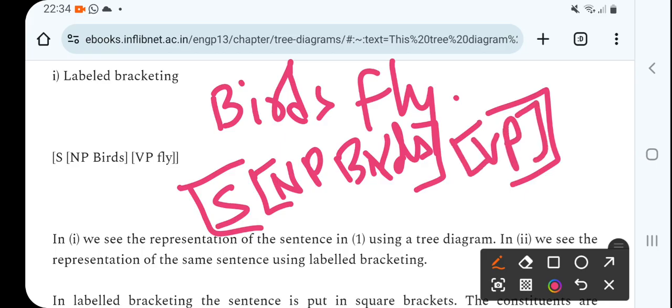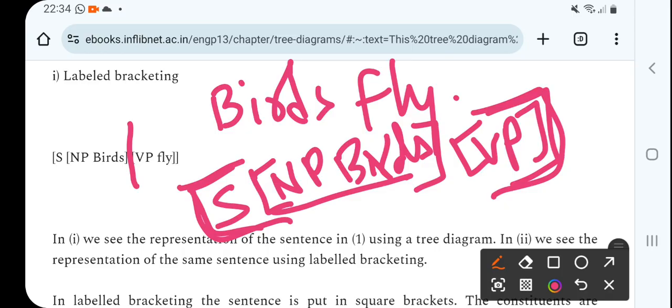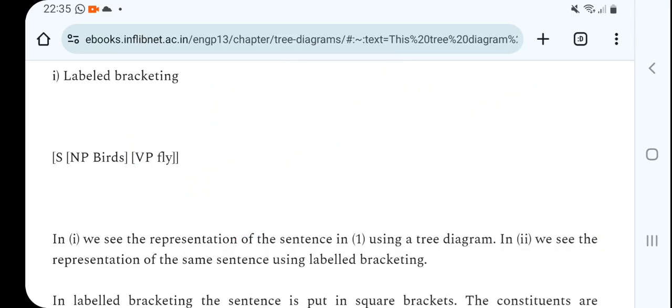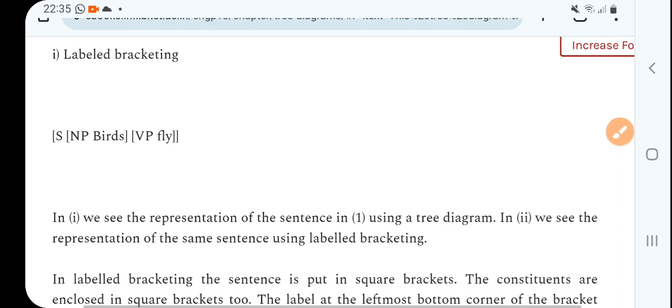This is called bracketing: all the words in a sentence are in a big bracket, then divided into two parts. The noun phrase is birds, and the verb phrase is fly, each in its own bracket. So that is called labeled bracketing.